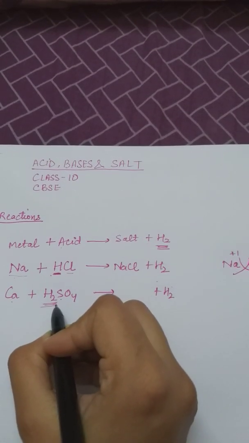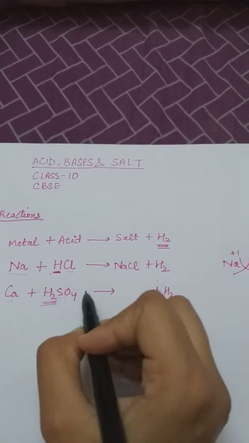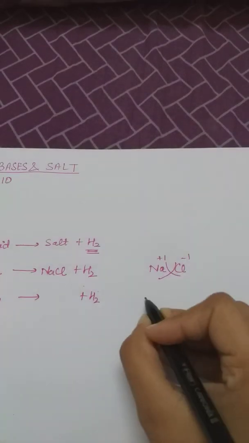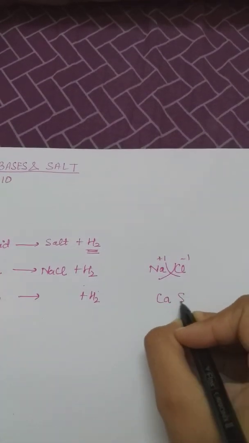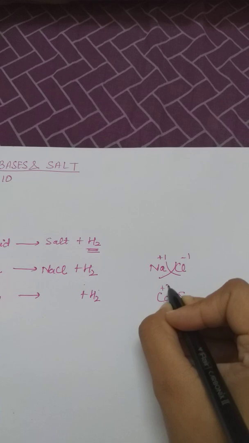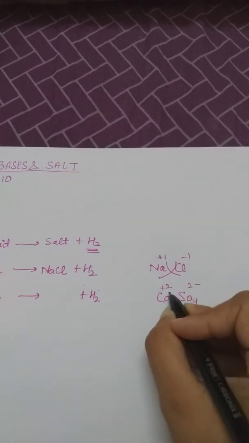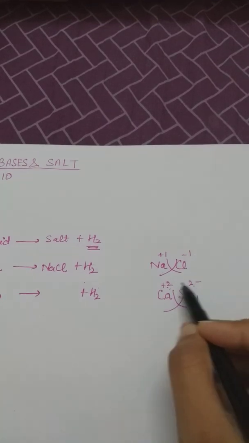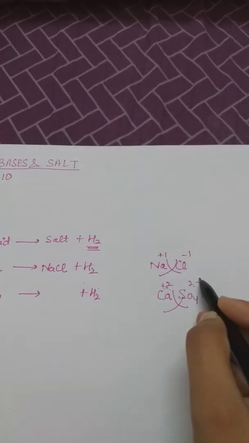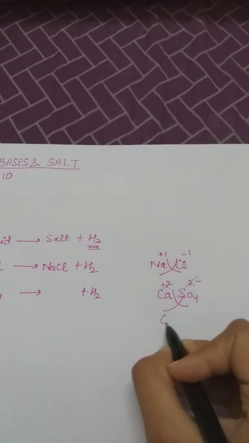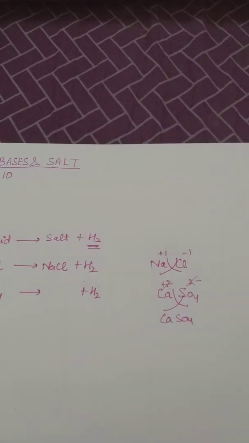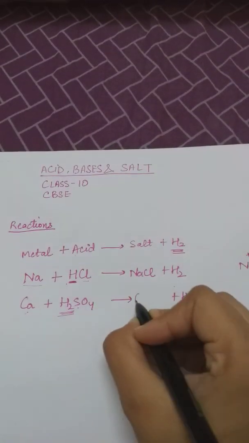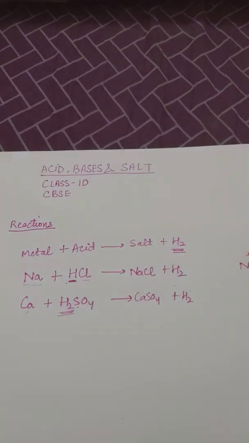Hydrogen has been removed, we are left with calcium and SO4. The valency of calcium is +2, of sulfate is -2. Since the valency is the same, 2 and 2, this cancels out, so we are left with only CaSO4. So the salt is CaSO4.